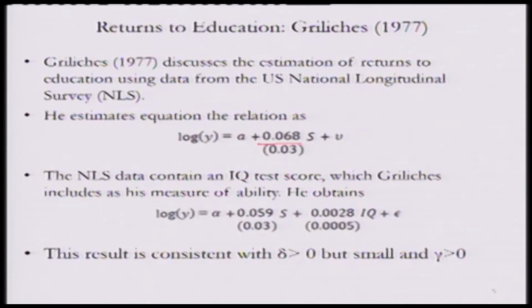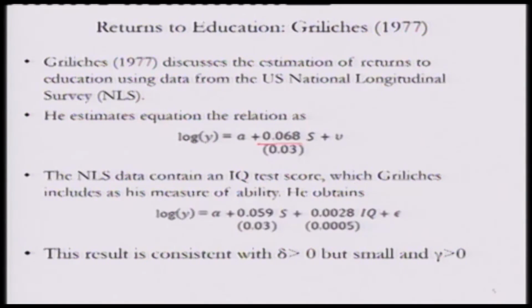Now, we just saw that when you do not observe a relevant variable, which we typically call the omitted variable, then this coefficient estimate of β is likely to be biased. So what he next does is elaborate this point.